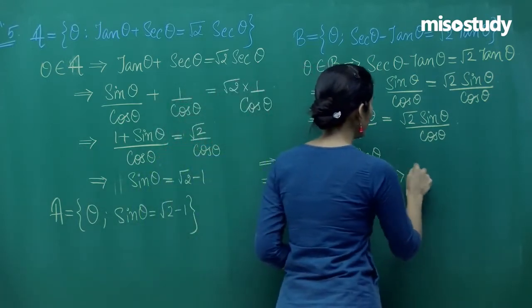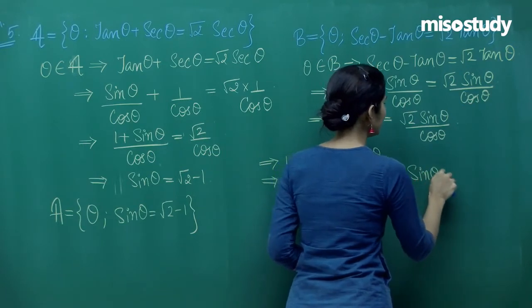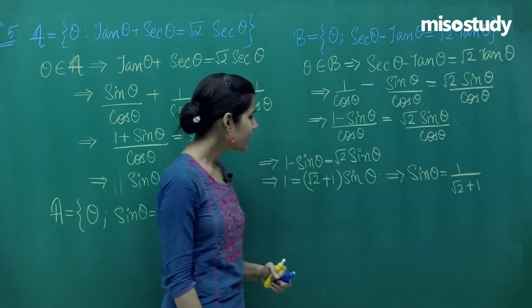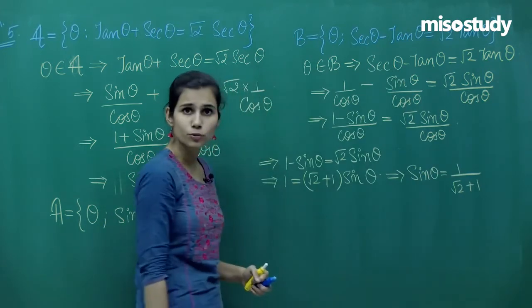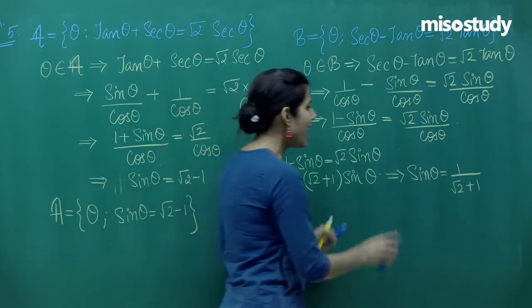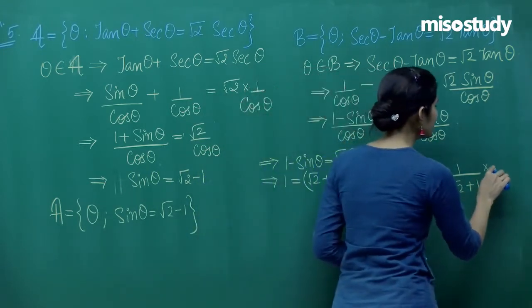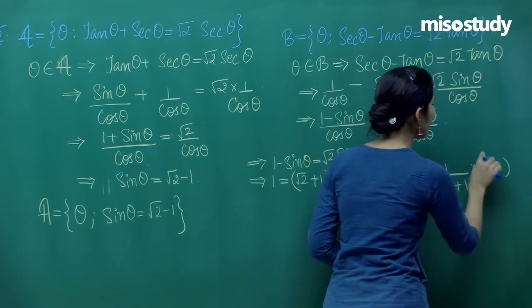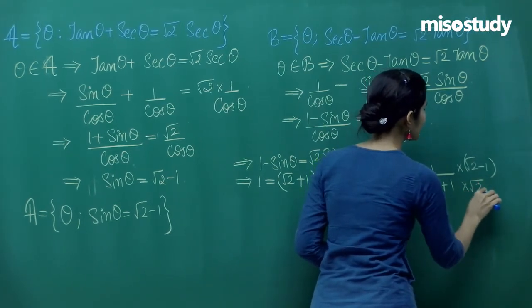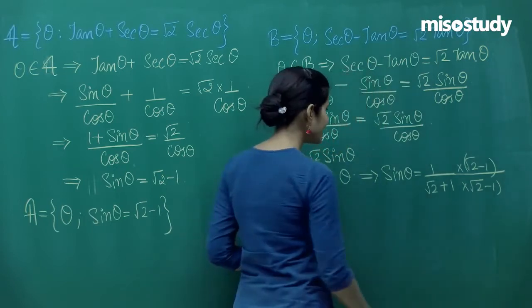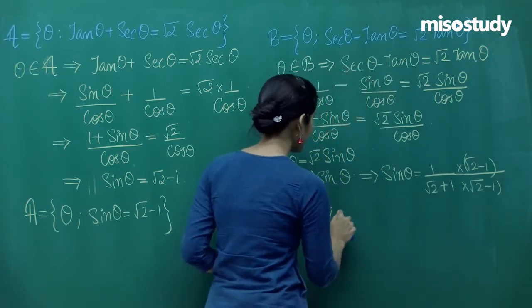Now I can do one thing. Sine theta is 1 upon root 2 plus 1. I can write it like this, taking root 2 plus 1 in the denominator. Now I have to rationalize, which means multiplying by root 2 minus 1 in the numerator and the denominator. What will you get?